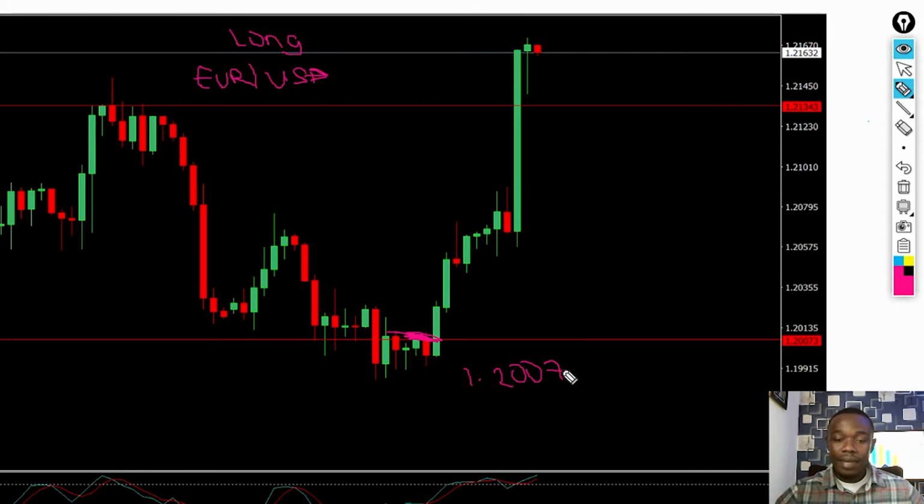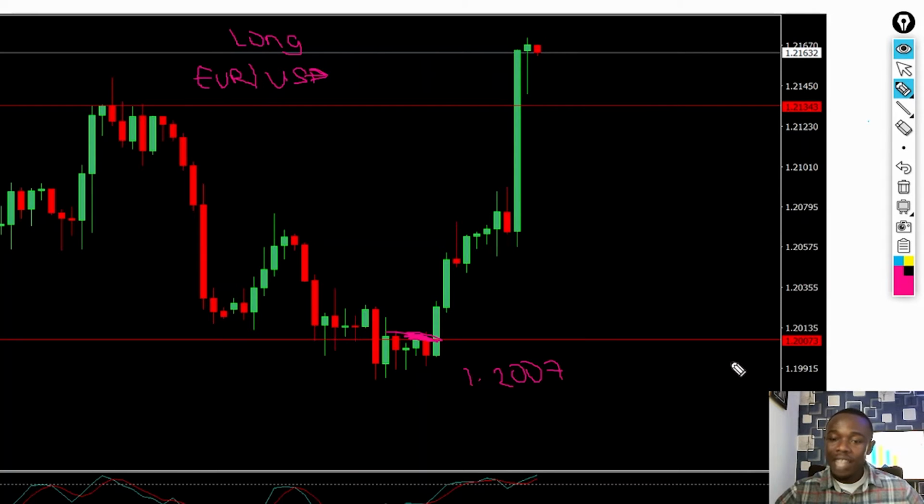We bought at 1.207, and the last time I said currency quotes are written to 4 decimal places, so we are not going to write the last digits here. These figures are the value of one euro in USD.